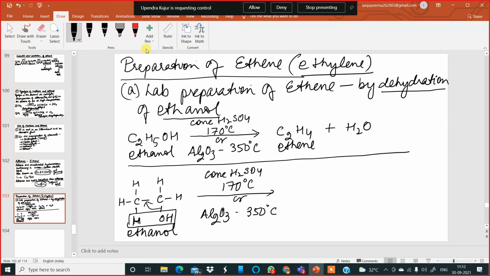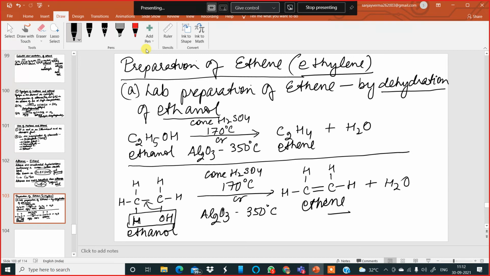So we get H2C=CH2, with a double bond between the two carbons, plus water. This is the structural formula of ethene. This is also one way of representing the chemical equation for the lab preparation of ethene by the dehydration of ethanol.